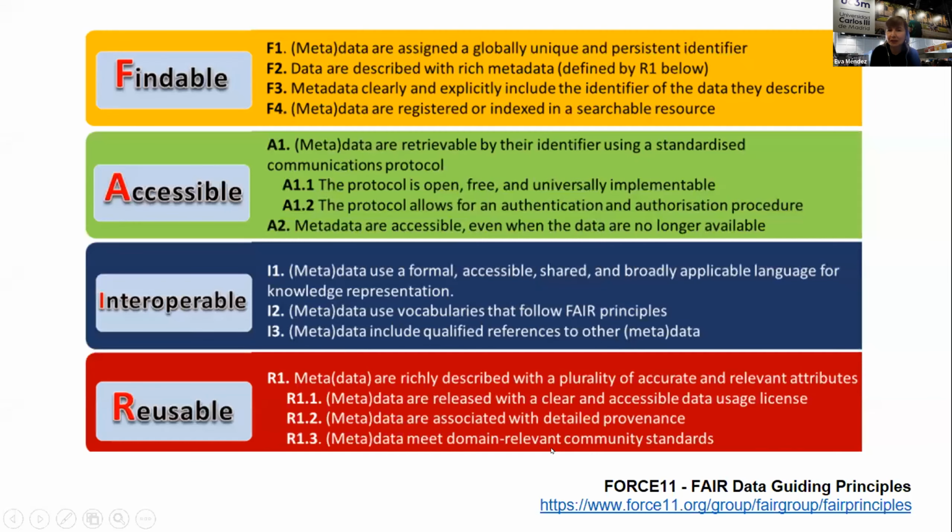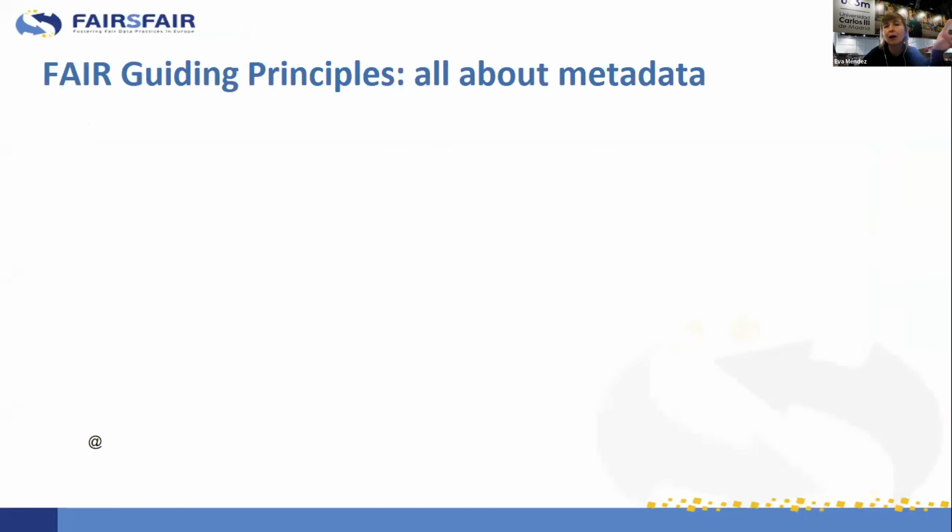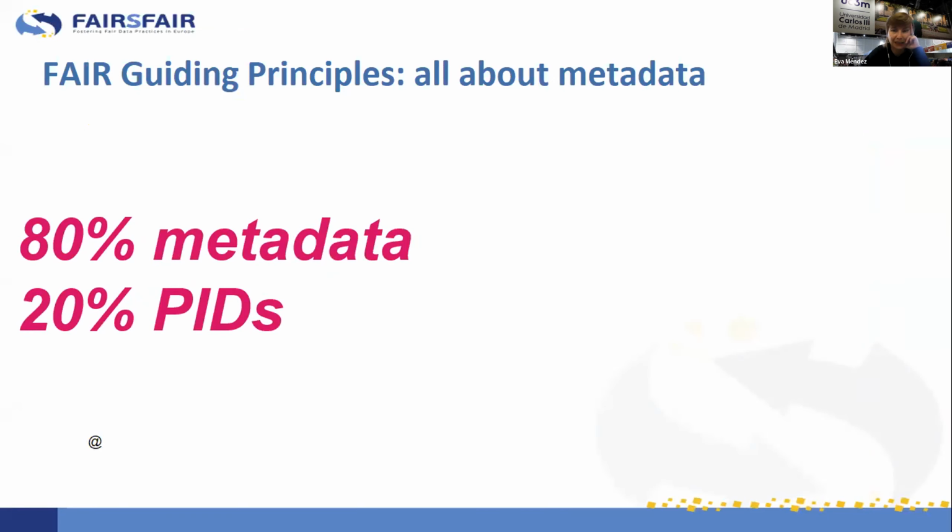Well, you know the FAIR principles, and you know that they mention many times metadata. Metadata is the way we talk about the organization of your research data repositories, your research data infrastructure, your research data. We talk about metadata and data. But my point, or our point here, is that the FAIR data guiding principles is more or less all about metadata.